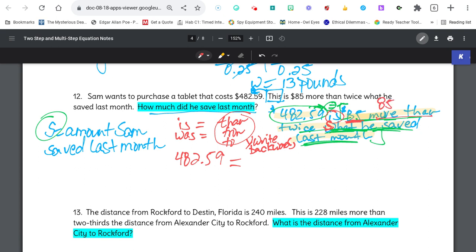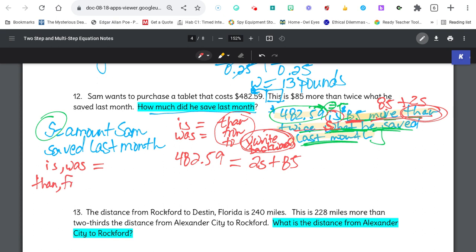I don't want you to write 85 plus 2s. Because it has than in it, I want you to write it backwards. So instead of 85 plus 2s, I want you to write 2s plus 85. But you'll need to write this down. Is and was usually means write an equal sign. If you see than in a statement, from, or to, it's a turnaround word. So normally what we do is we write them backwards.